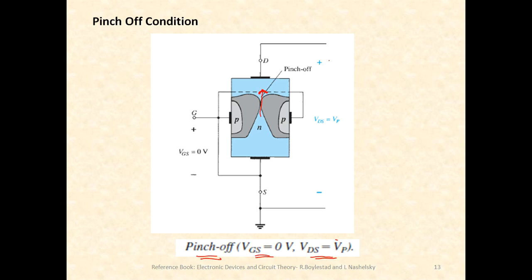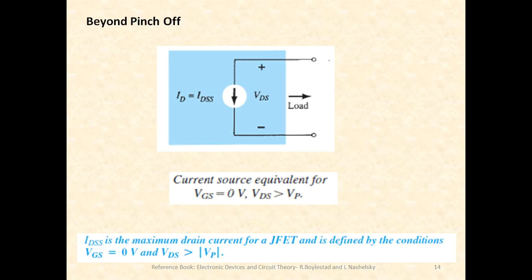So the same thing is displayed here. Beyond pinch off, the JFET device in the saturation region behaves as if it is a constant current source, wherein the drain current is equal to the saturation drain to source current.